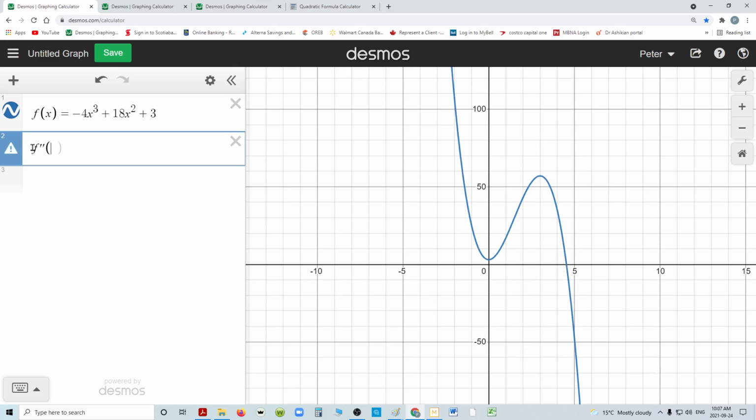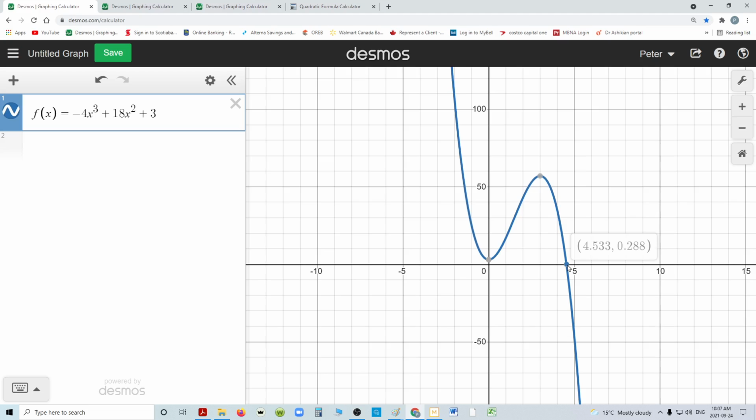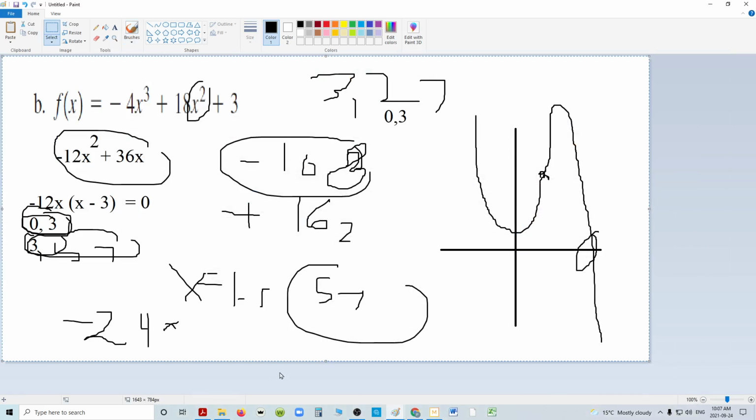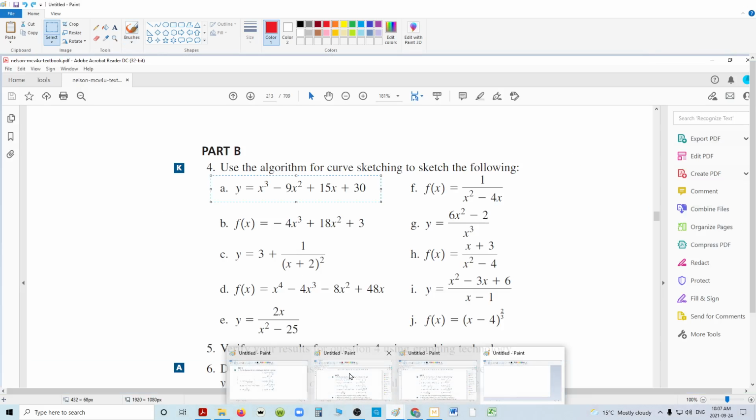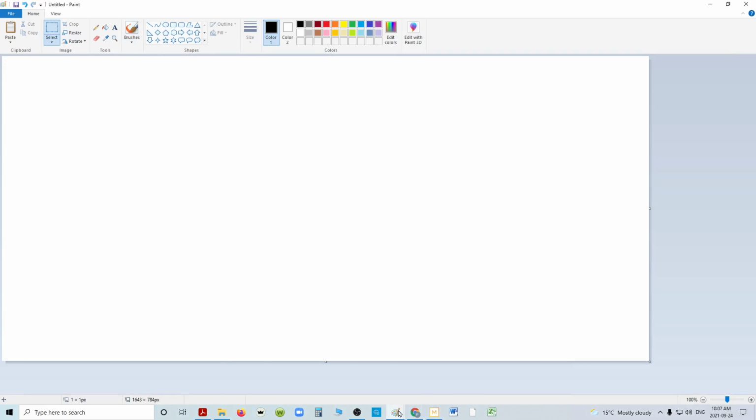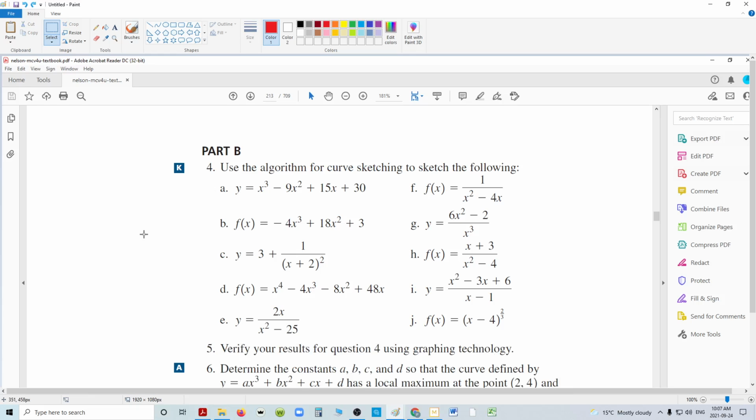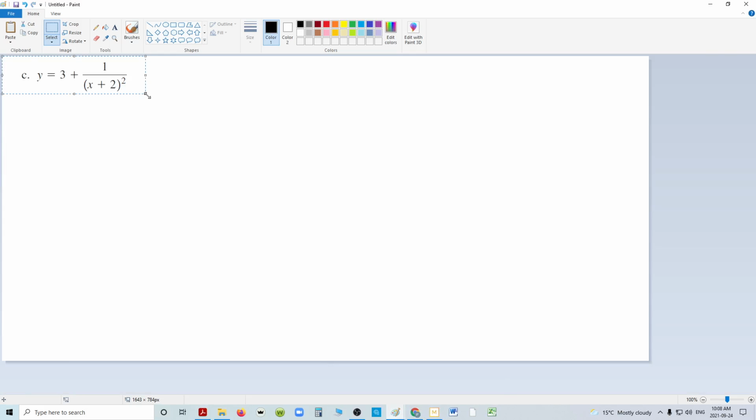I'm going to just find out where the inflection point is. 1.5 comma 30, nailed that. And the x-intercept is just to the right of 4. So pretty much nailed it pretty quickly too. So I'd say always do the second derivative to see if it's clean before you try to find factors of the formula, which can take you forever by hand.